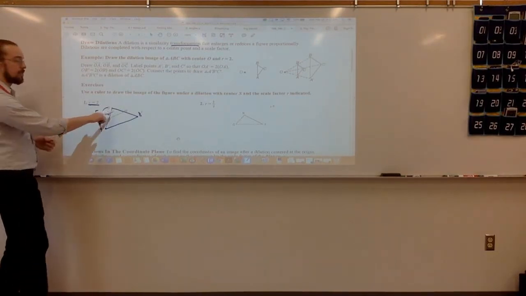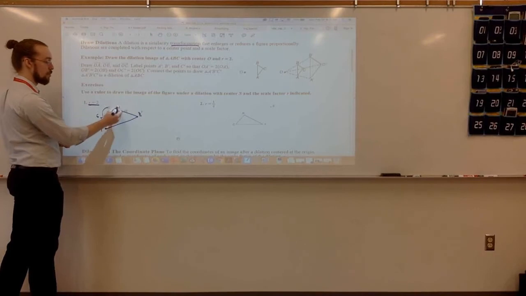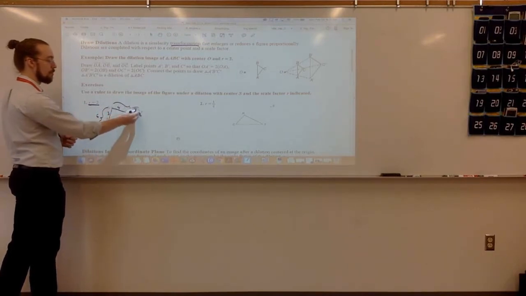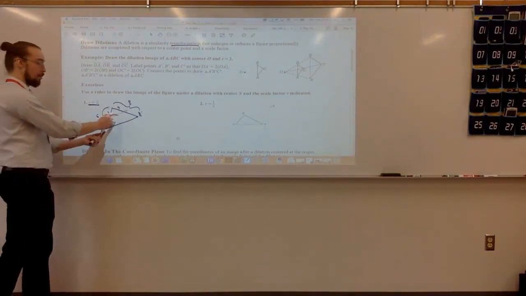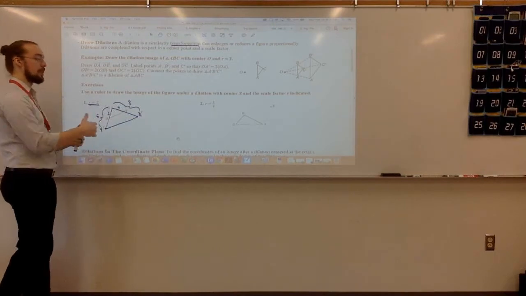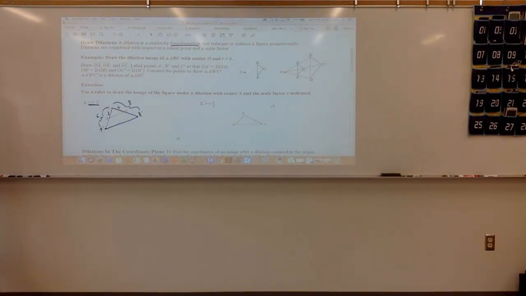If I say the distance from S to B is 4, well then the distance from S to B prime is double that, it's 8. And then what we end up with is our new line is exactly twice the length of our old line. Questions on that idea?